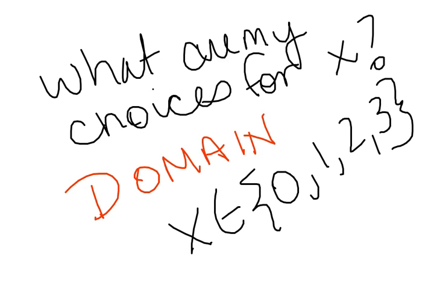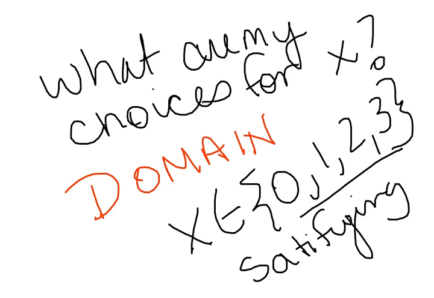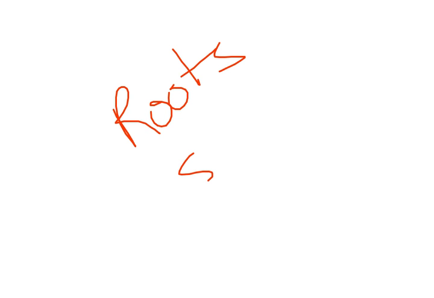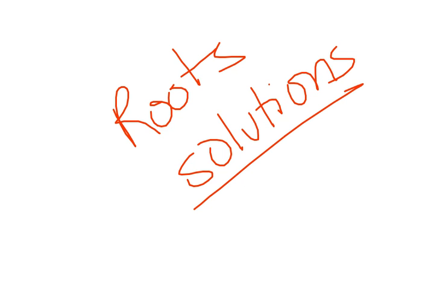Now, one of those values might make my statement true, and we're going to look at that in a minute. But if it does, that's called satisfying the equation. Or we call those numbers roots and solutions.